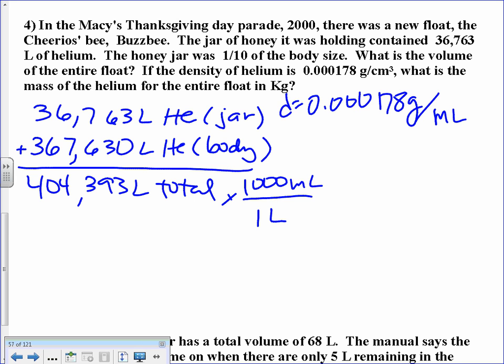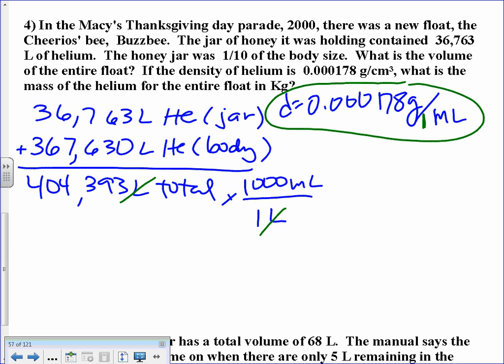And I wrote it this way, why? Why not flipped? So we're trying to convert to liters. Your liters here and here have to cancel, and I have to stick with milliliters because that's how I'm going to plug density in eventually, right? So this states 0.000178 grams over 1 milliliter.